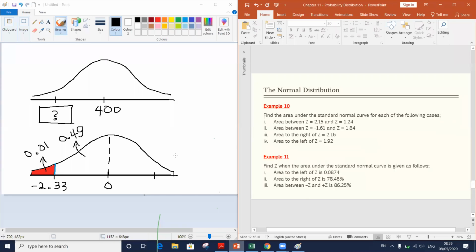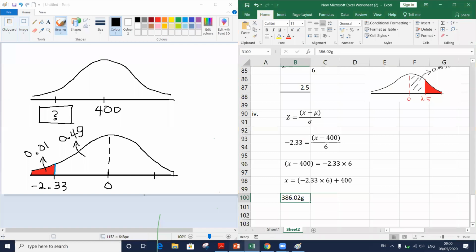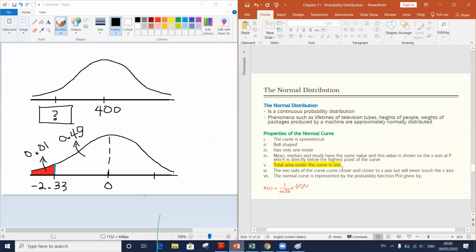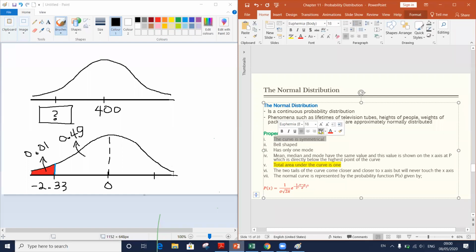Right, so we will stop from here. If you have any doubts you can ask. What we have discussed is what a normal distribution is and what its properties are. Those properties were essential for us when solving the sums as well. For example, the area under the curve is 1. It is symmetrical, therefore we know the area on one side is equal to 0.5.